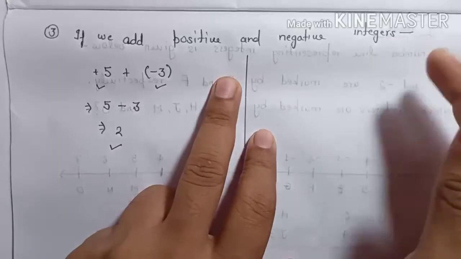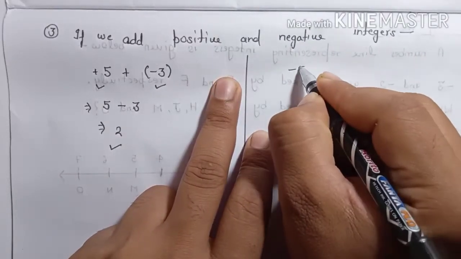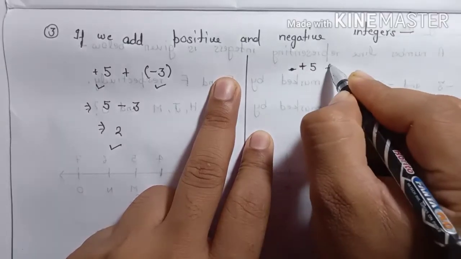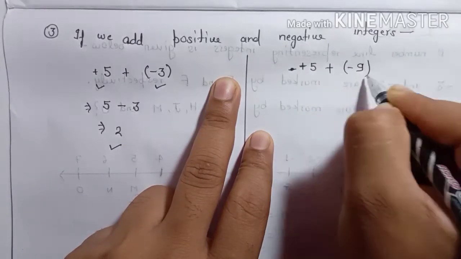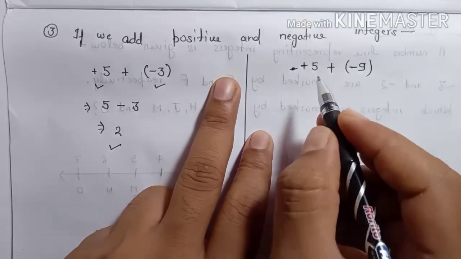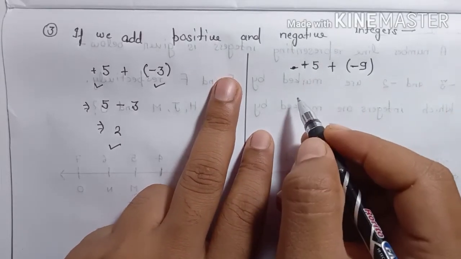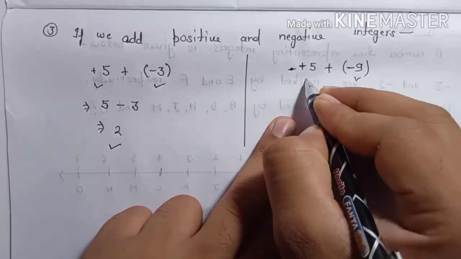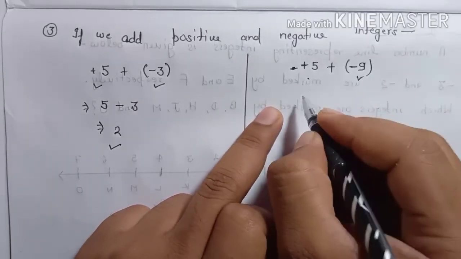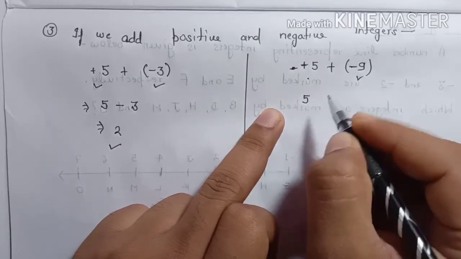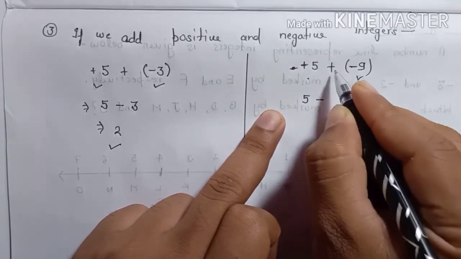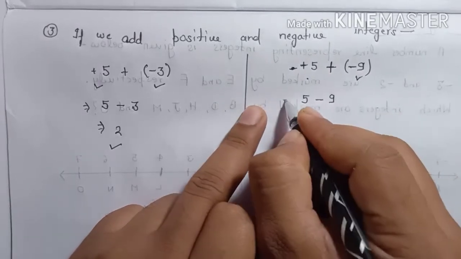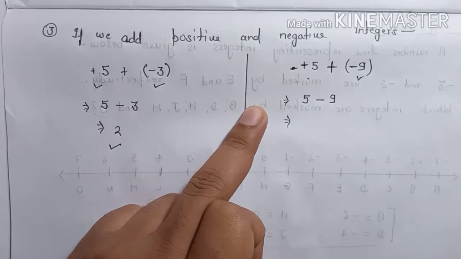And when the negative integer is greater than the positive integer, here minus 9 is a negative integer and plus 5 is a positive integer, but you can see that the negative integer is greater. In this case, what actually happens, this will be 5, and here plus and minus make it minus, 5 minus 9.